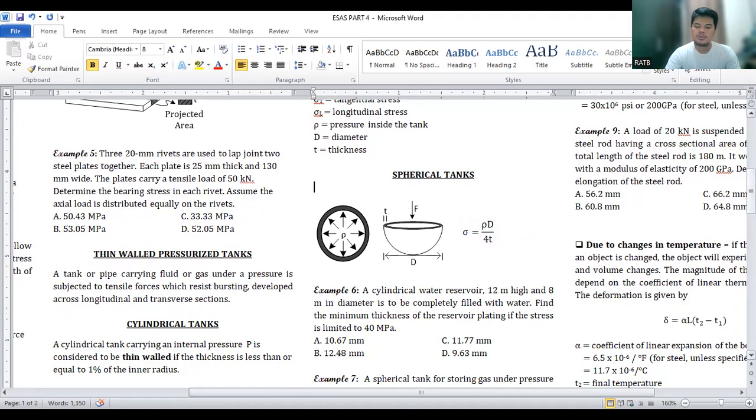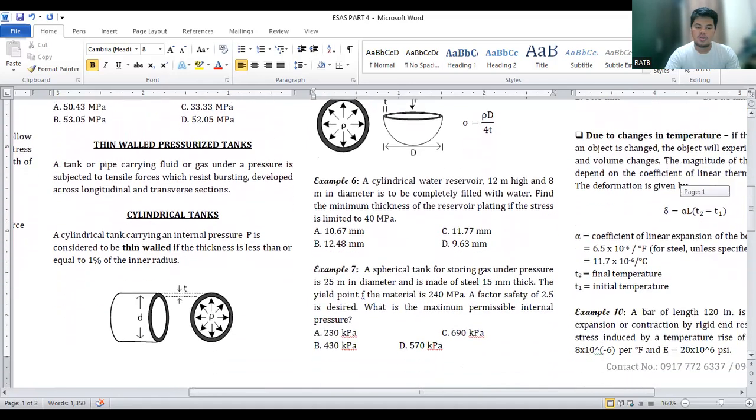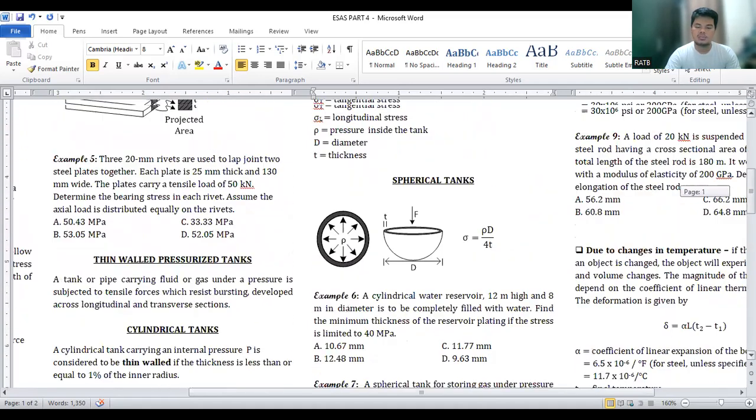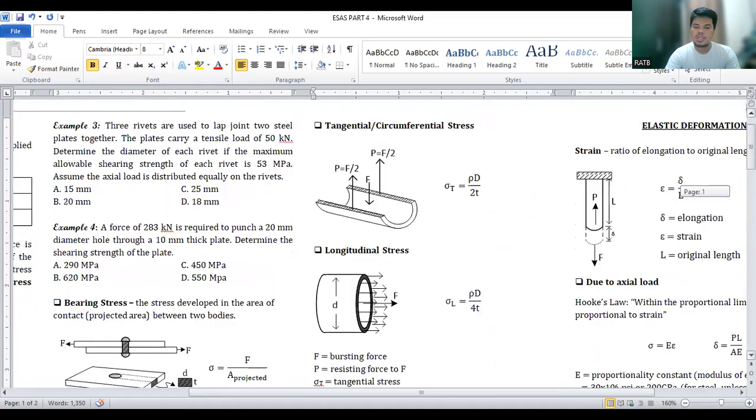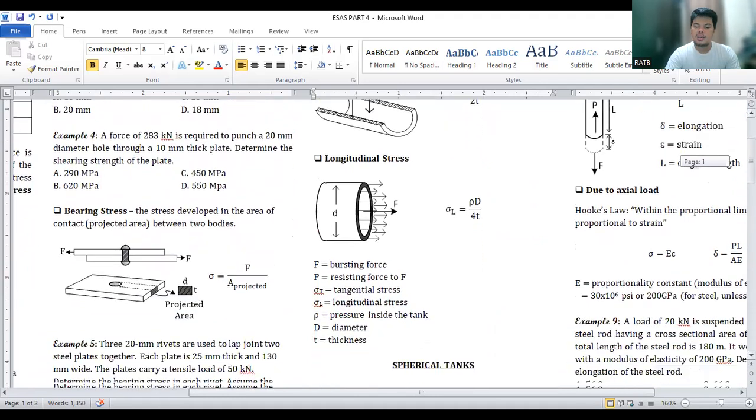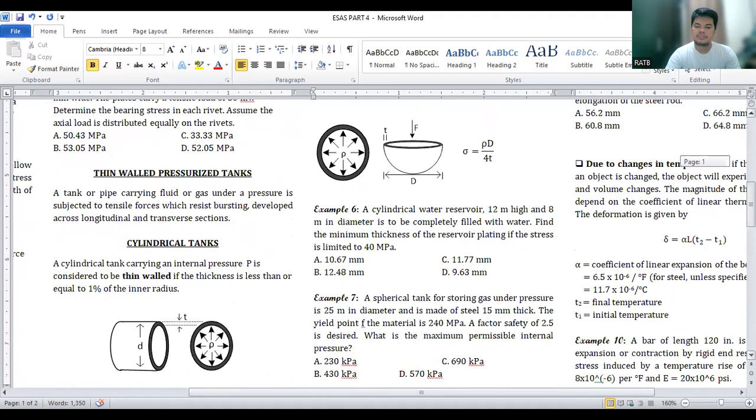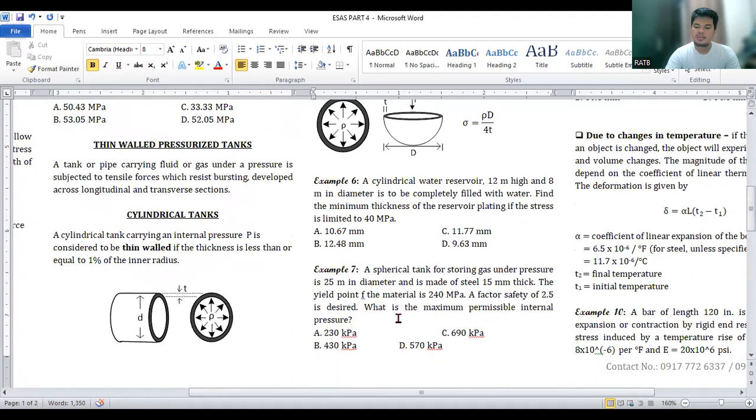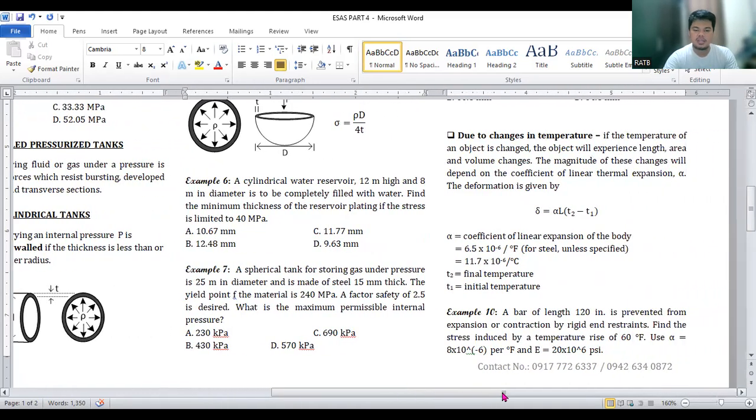So only the cylindrical tank may develop the so-called tangential or the longitudinal stress. Okay, so we have in example number 6 and number 7, which focuses on the spherical and cylindrical tanks.